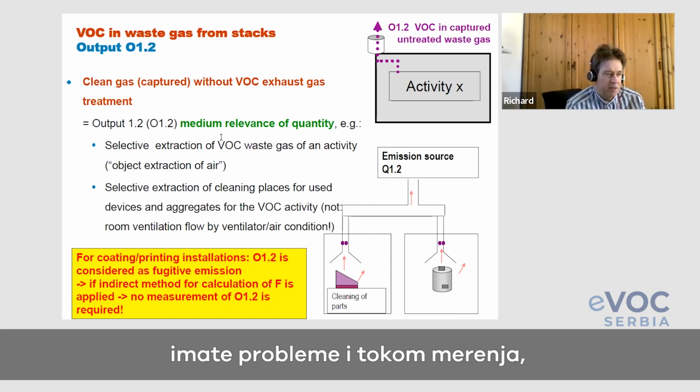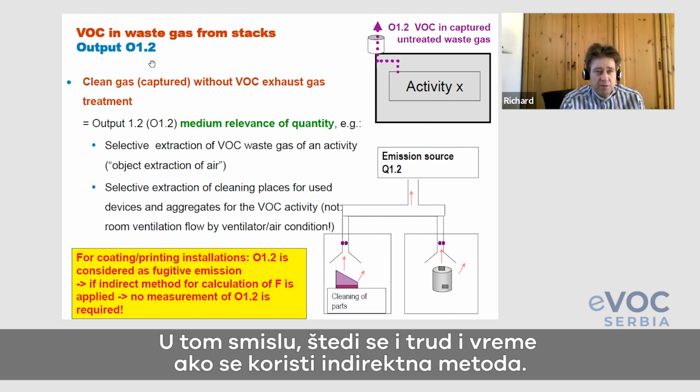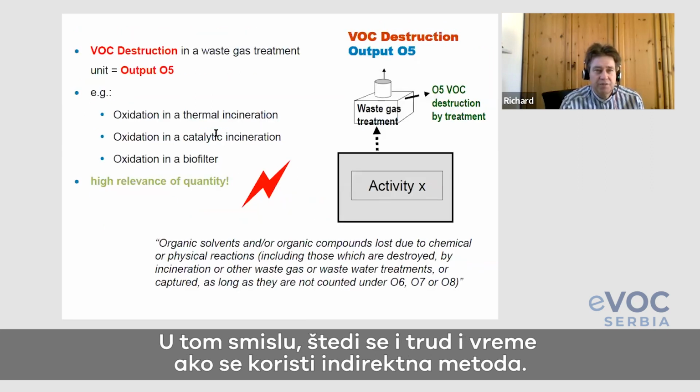You have failures during the measurements and so on. So the precision or the accuracy is not as high as with the indirect method. So here you can save effort and time if you use the indirect method for the determination of fugitives.